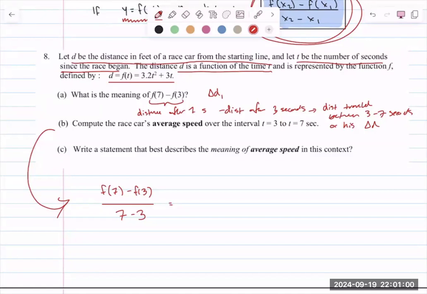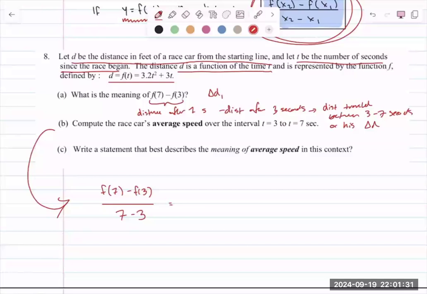So I got 140 feet, and that could be wrong because my calculator is being fussy right now, but f of 7, I got to be 177.8 feet. And f of 3, I got to be 37, excuse me, 37.8 feet.